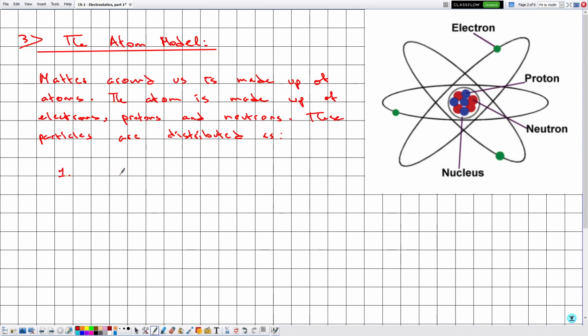Number one, the electronic cloud consists of electrons, and number two, the nucleus contains protons and neutrons.